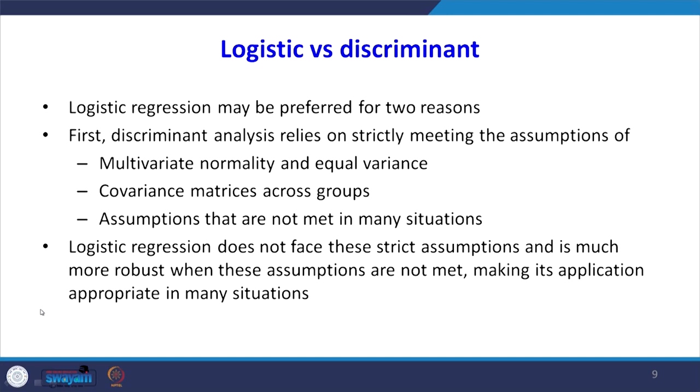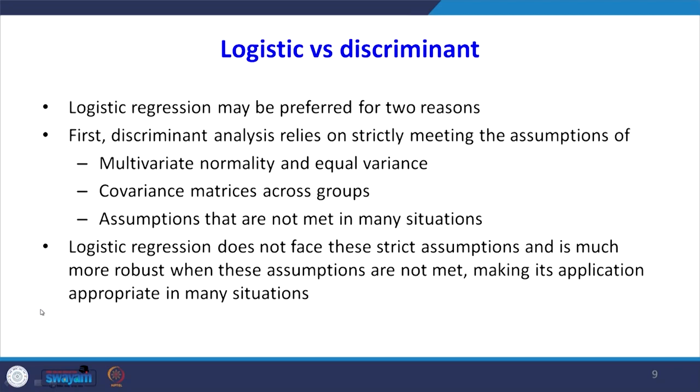These assumptions are not met in many real-time problems. In that situation, whenever there are 2 levels in the dependent variable, instead of going for discriminant analysis, we can go for logistic regression because these assumptions are not required. Otherwise, we can say logistic regression is more robust than discriminant analysis when there are only 2 categories in the dependent variable.